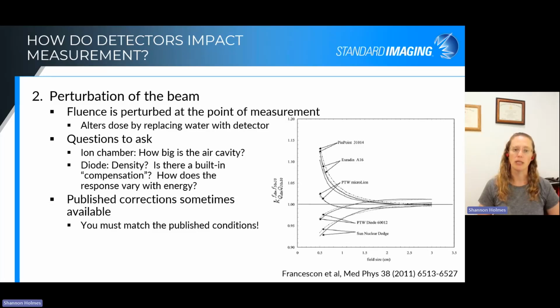And so it's important to match the published correction, or match the conditions of the publication in order to apply these corrections to your measurements. And if you're not matching them, then you might need to do a little more digging to try and figure out what implications that has for your measurement.